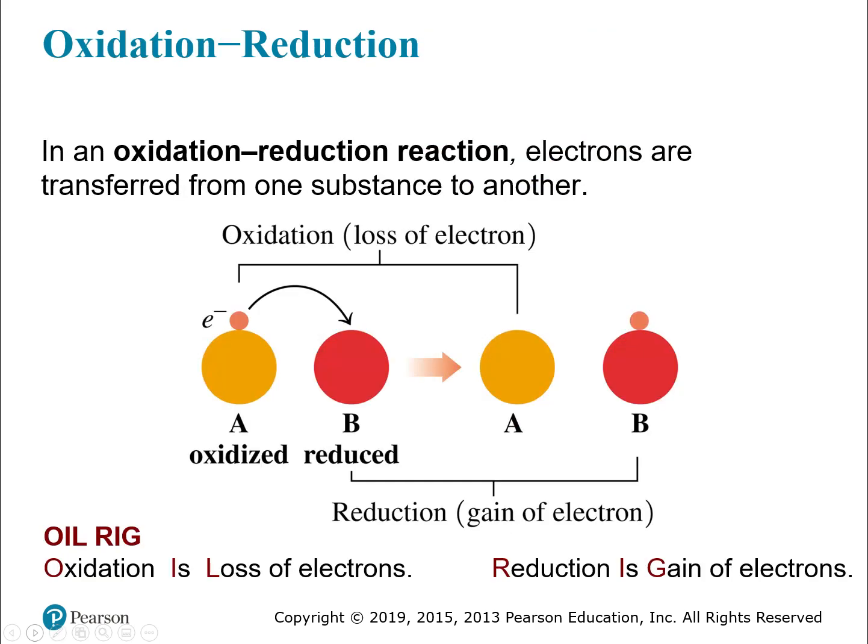With a redox reaction, we're talking about transferring electrons from one substance to another. One way that you can remember the difference between oxidation and reduction is using this mnemonic OIL RIG. Oxidation is loss of electrons. Reduction is gain of electrons.